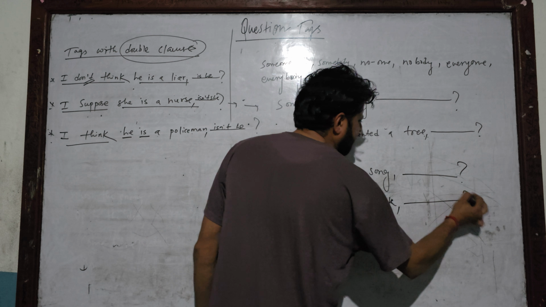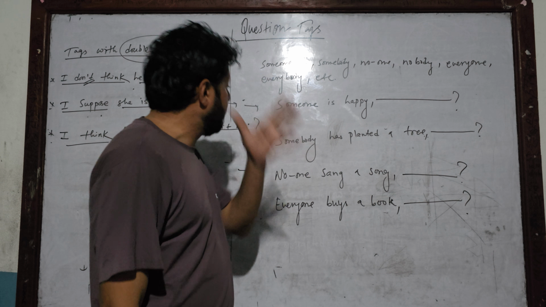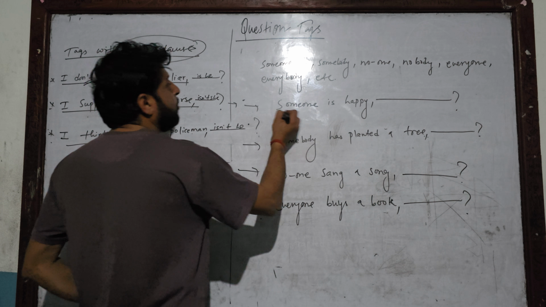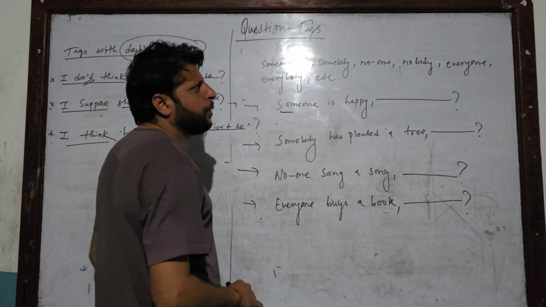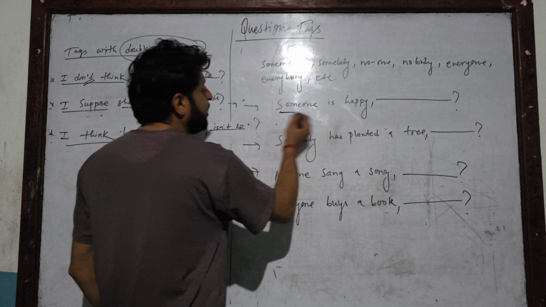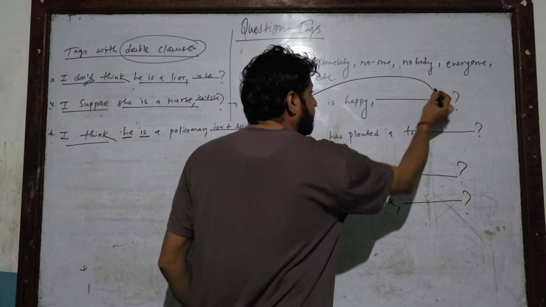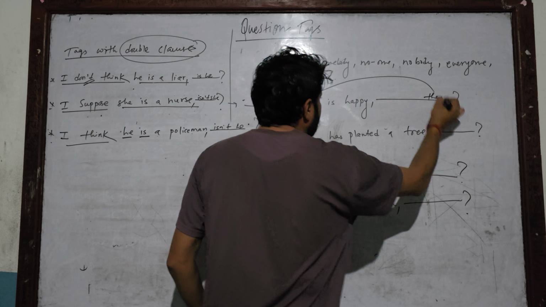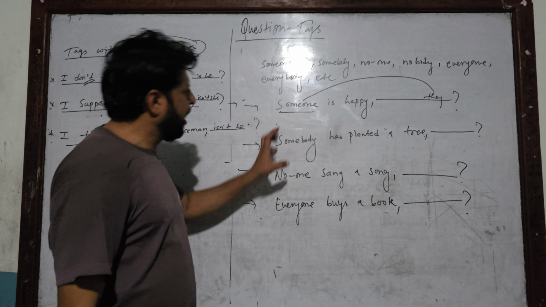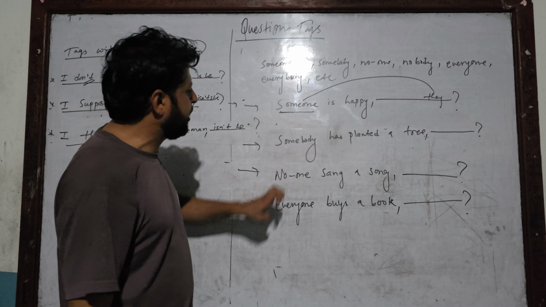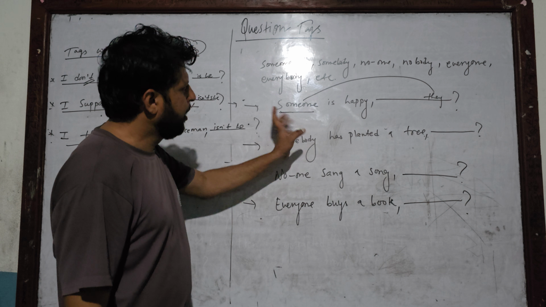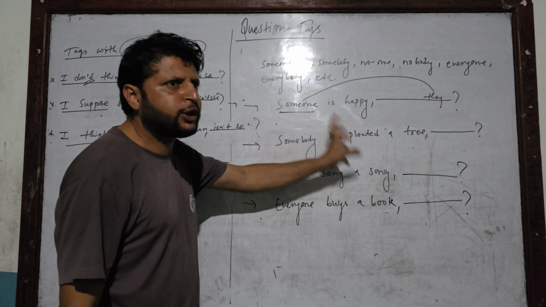So see, in these sentences, what we generally do is, whenever we have someone, somebody, no one, nobody, everyone, everybody, this is to be written in the tags as they. And remember one thing, they are indefinite pronouns, right? And after them, we write a singular verb.